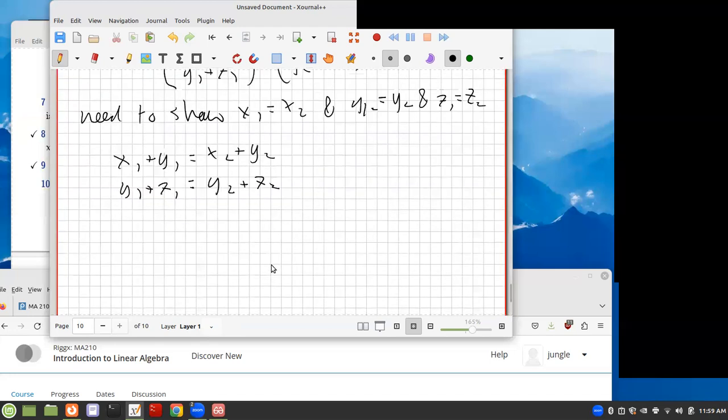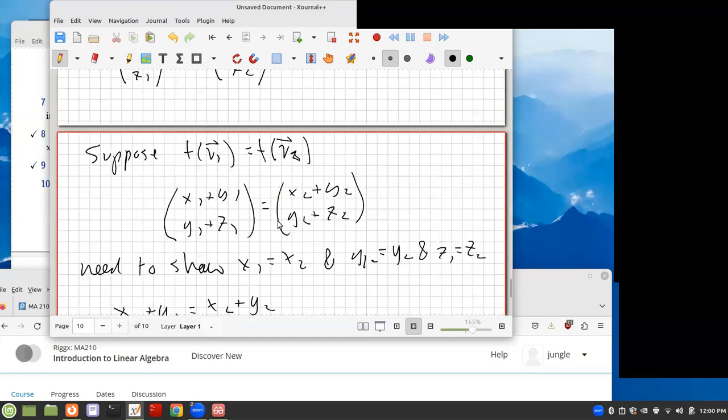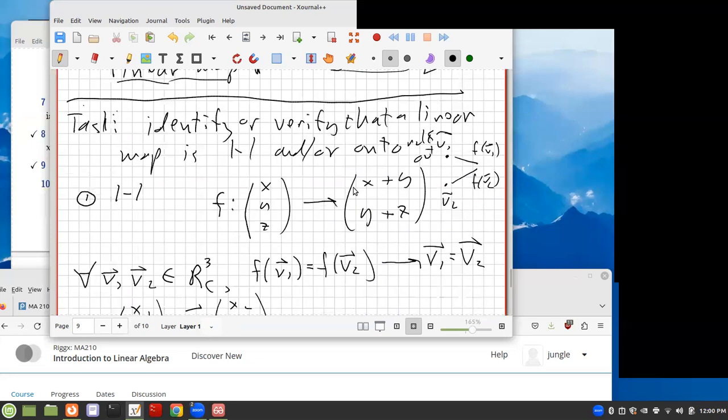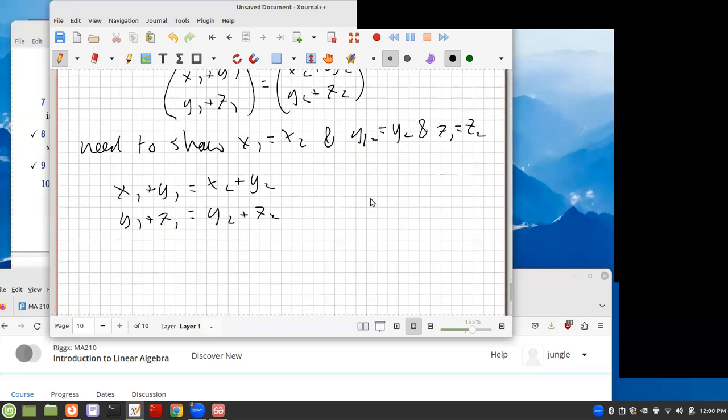This is actually a linear system, but not written in the regular way. It's a linear system in lots of variables, right? Let's see how to rewrite this.